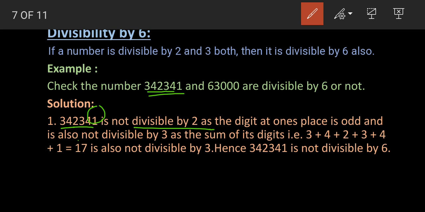It is also not divisible by 3, as the sum of all its digits, 3 plus 4 plus 2 plus 3 plus 4 plus 1, is 17, and 17 is not divisible by 3. As the number is not divisible by 2 and 3, this number is not divisible by 6 either.